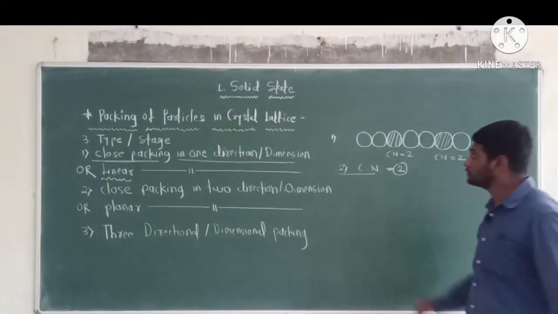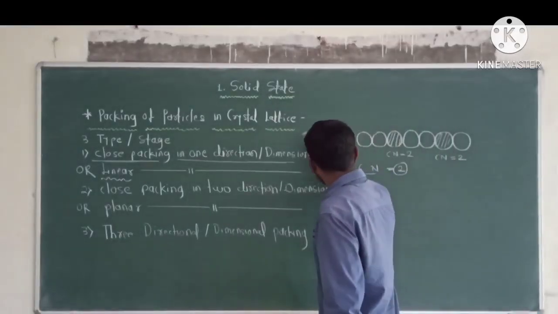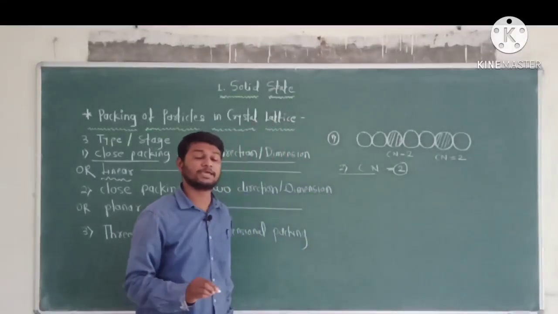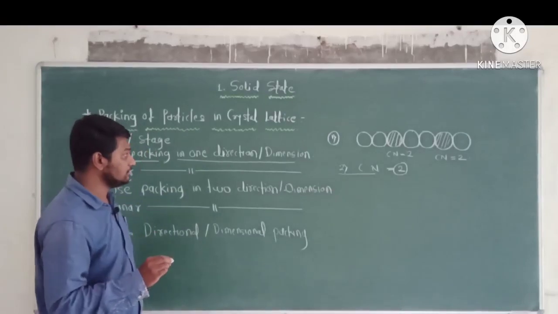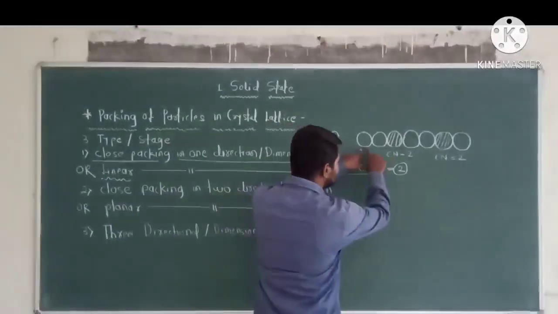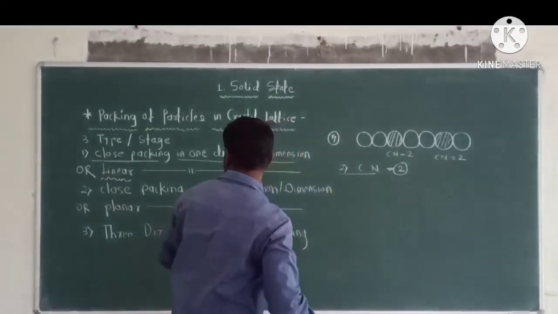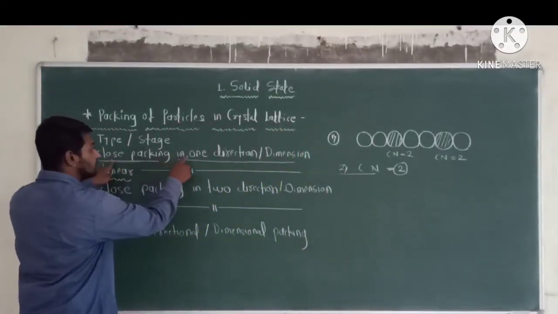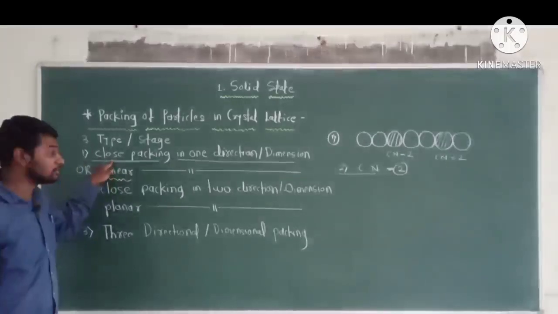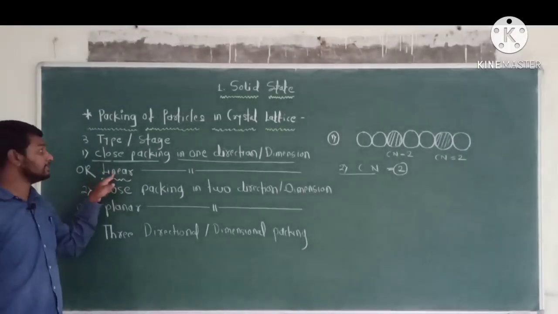Okay. The first point of this type is, this type of packing is made when the constituent particles are arranged in a single row. And this packing is called close packing in one dimension, or also called linear packing.